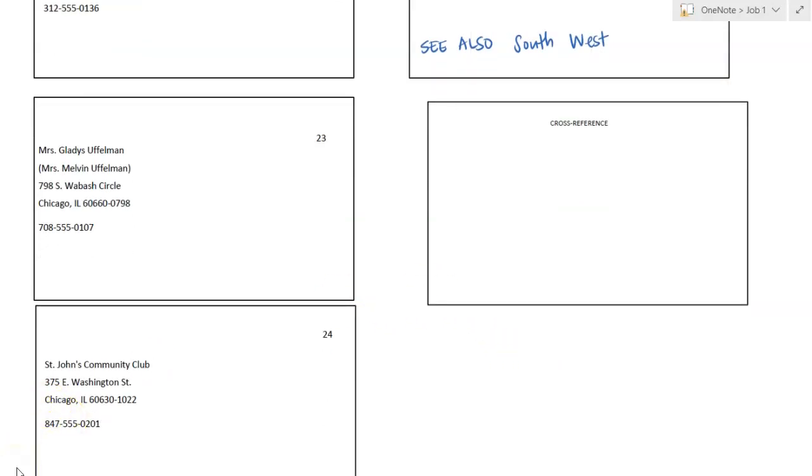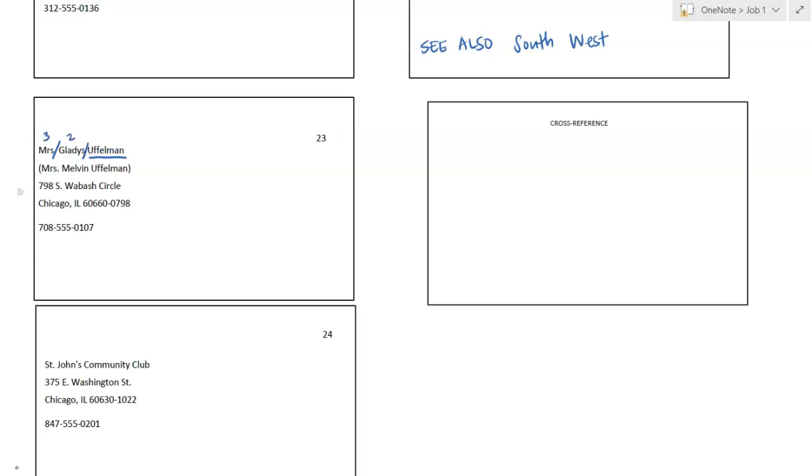For card 23, we have Mrs. Gladys Uffelman, who's also known as Mrs. Melvin Uffelman. And so I will need to create a cross-reference for this, but I'm first going to code her original name. So this is going to have her actual first name. Uffelman is my key unit, Gladys is unit 2, Mrs. is unit 3.